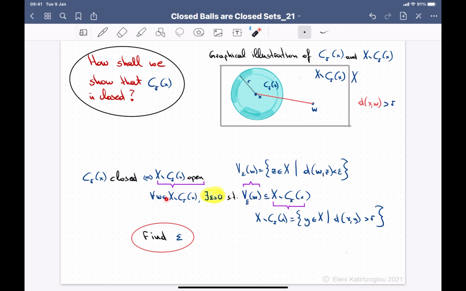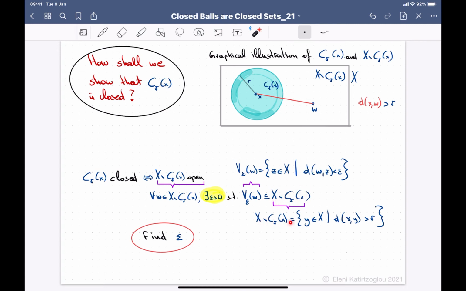Simply, we are going to apply the definition of the open set, which says that if we take any element inside the set, the set is going to be open only if, for any element W, we can find a positive number, say epsilon, so that the epsilon neighborhood of this point W is all included in the set.